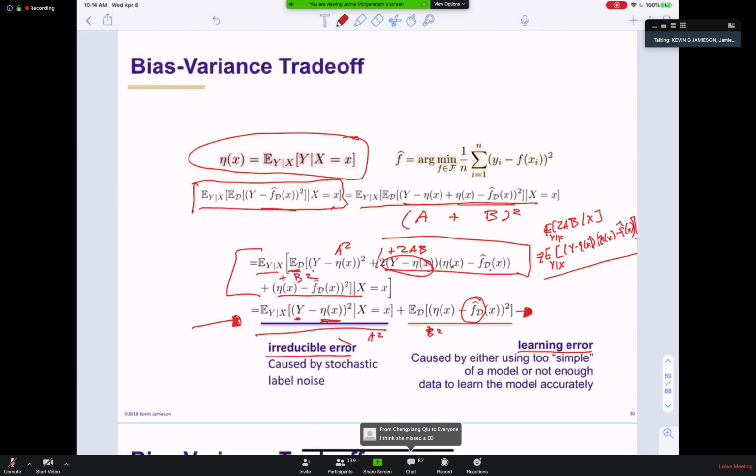If you look at that top line, the expectation is over y given x and expectation of d. So in the top left corner there are 2 expectations. We didn't change expectation of y given x to the expectation with respect to d. It's just that one of them doesn't matter anymore. One of them dropped out, because we don't have a dependence on it. Thanks, Kevin.